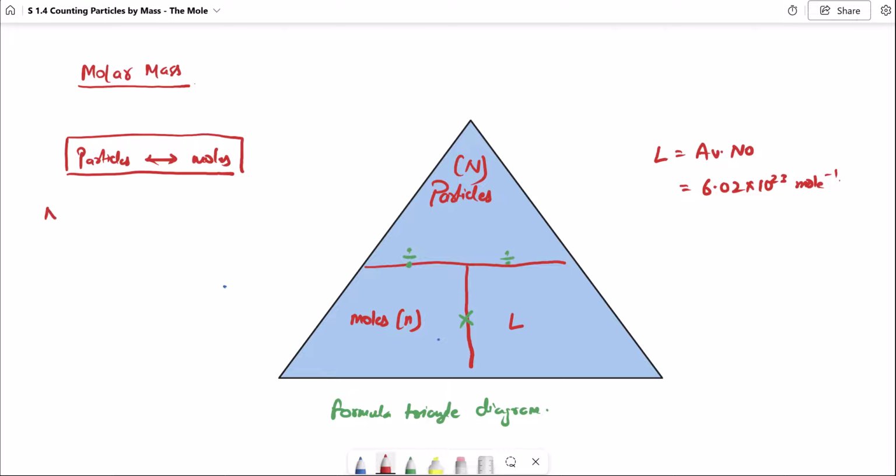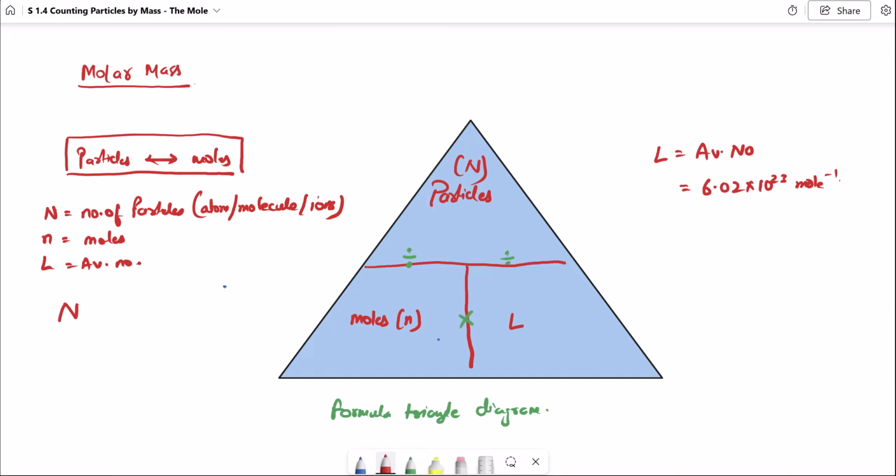N is the number of particles. When I say particle, it may be an atom, a molecule, or an ion. Small n is moles, L is Avogadro's number.